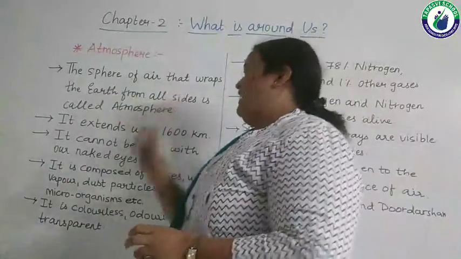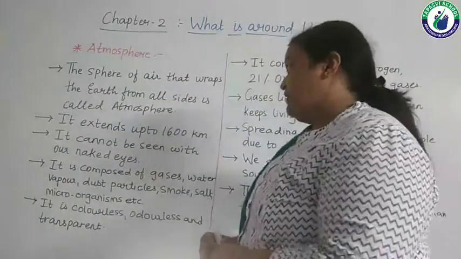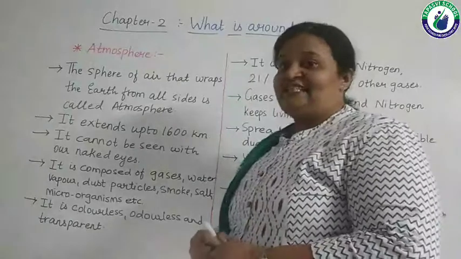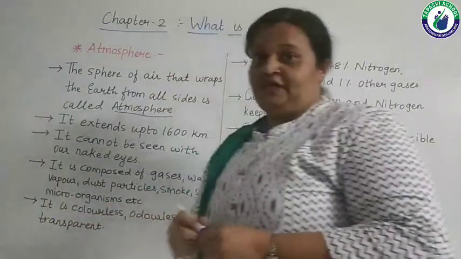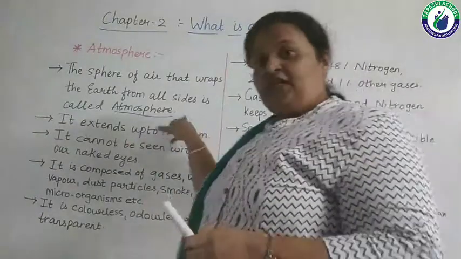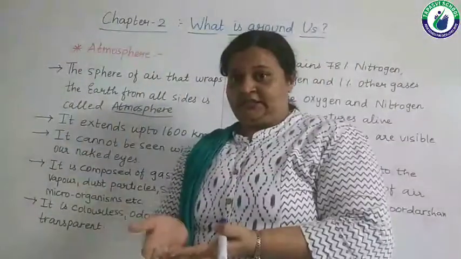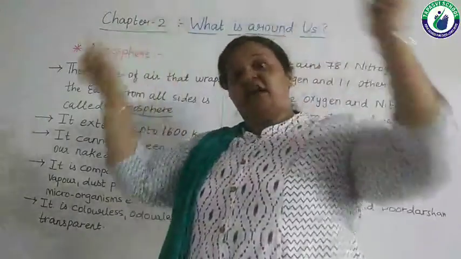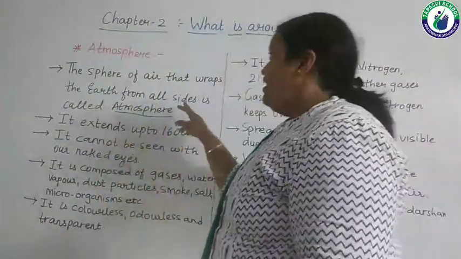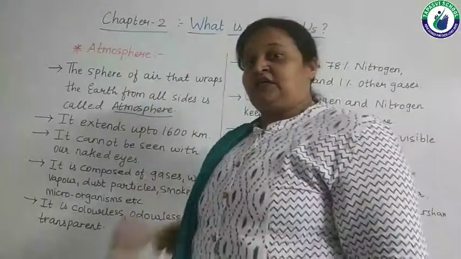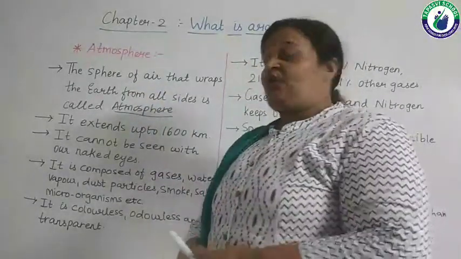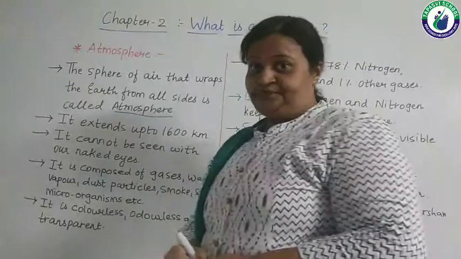The sphere of air that wraps the earth from all sides is called atmosphere. Right? The sphere that wraps the earth. It is not on the earth, it is around the earth. Right? So, the sphere of air that wraps the earth from all the sides is called atmosphere.